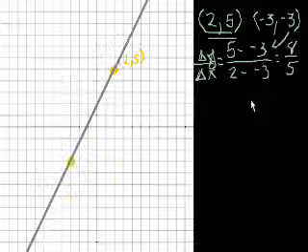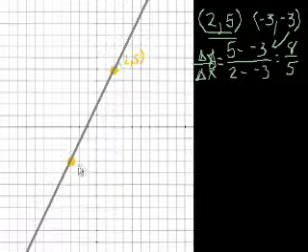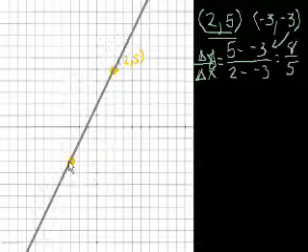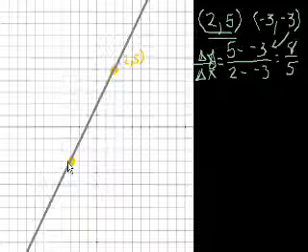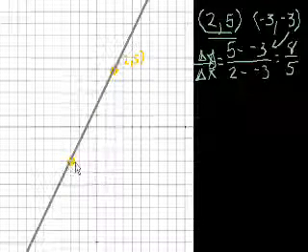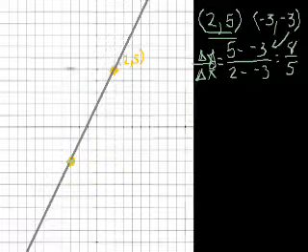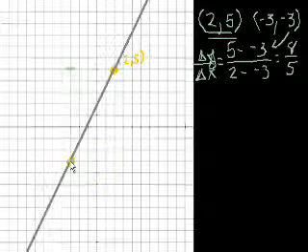Let's figure out what the rise and the run is. If we were to start at this point right here, let's see how much we have to rise to get to the same y coordinate as the other point. So we're here, and the other point is up here. Let's figure out what this distance is.